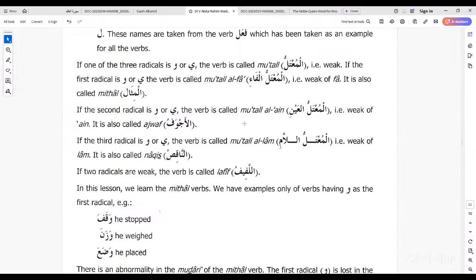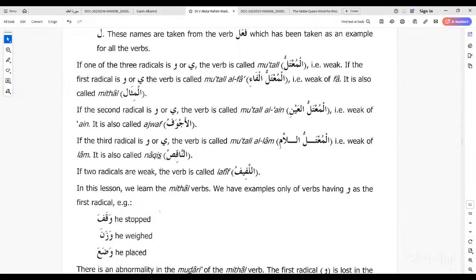It is called ajwaf, al-ajwaf. If the third radical is waw or ya, the verb is called al-mu'talul lam, that is weak of lam. It is also called nakis.